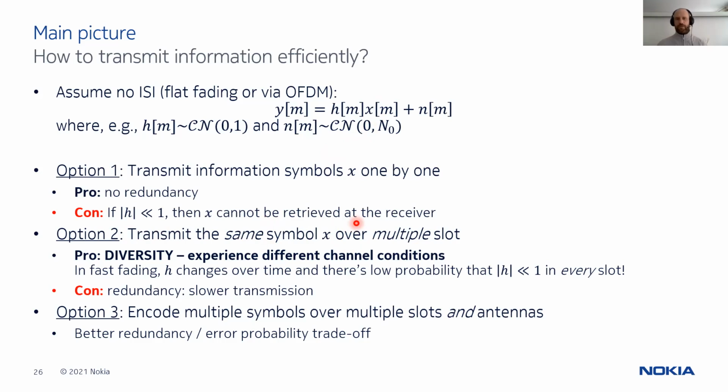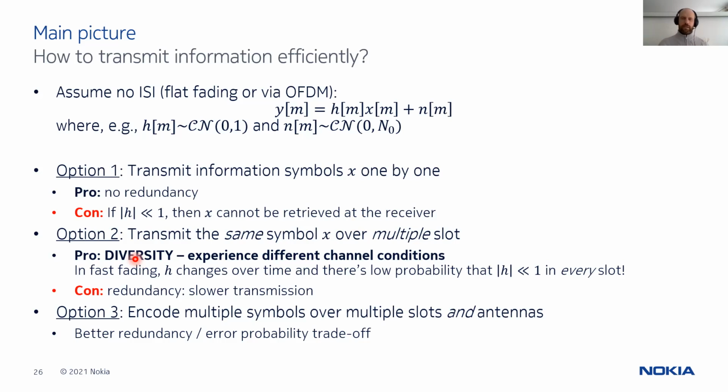Sometimes it's good, sometimes it's bad, but if you transmit over many slots, the probability that all of them are bad is very small. This is the main concept around diversity: you transmit the same thing over multiple channels.